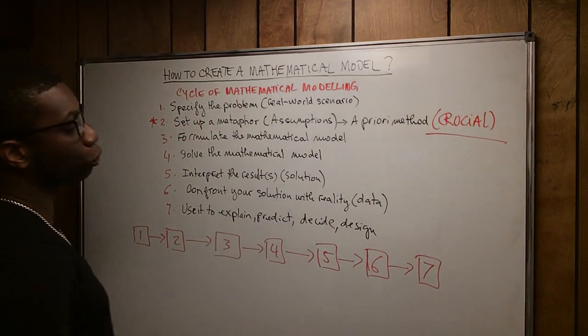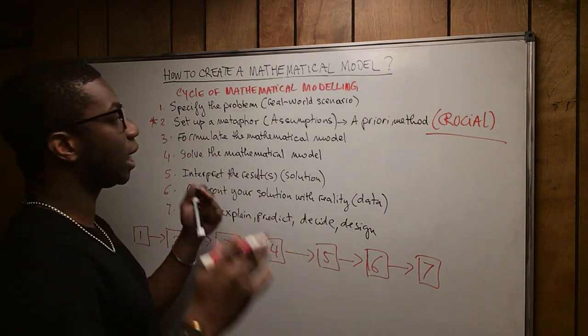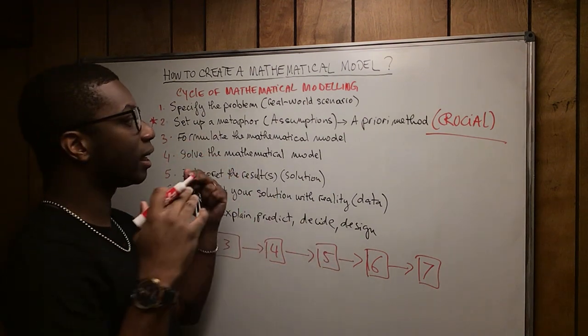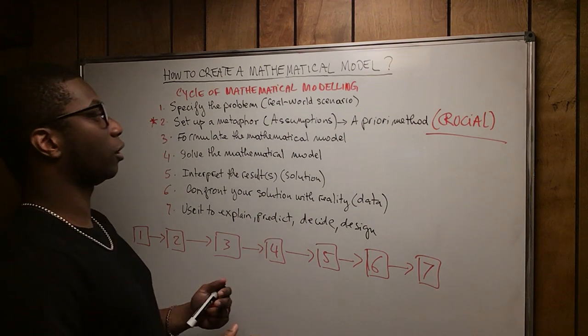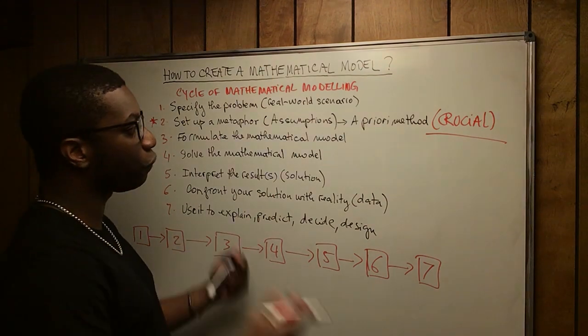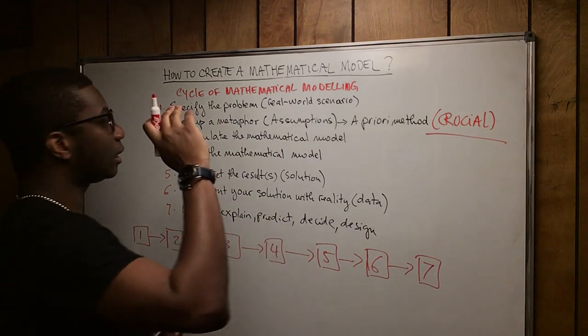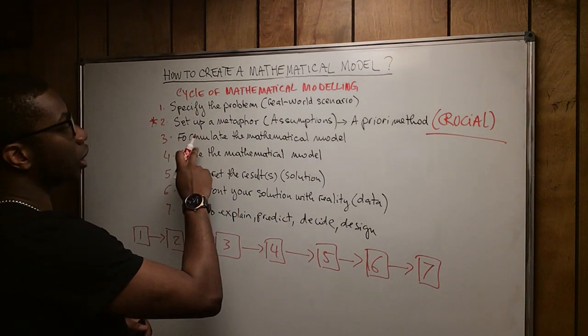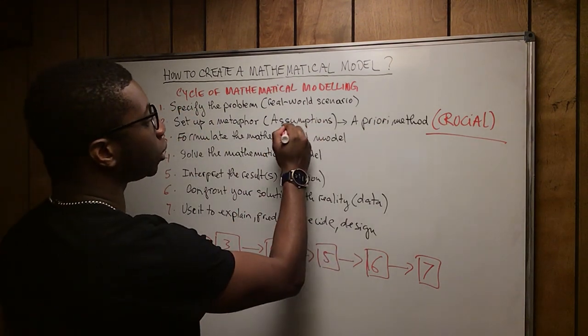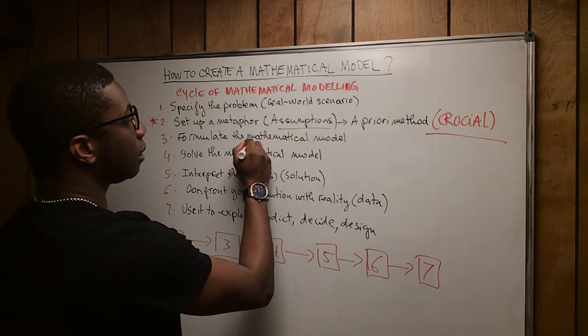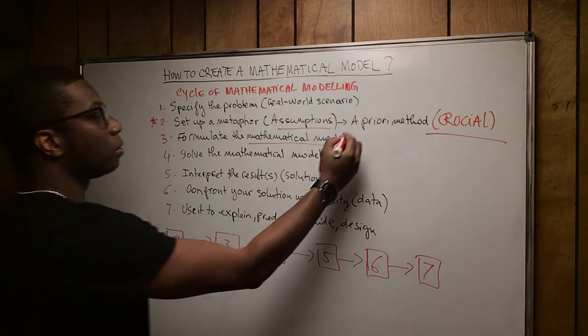So basically you create an a priori framework, a theoretical framework based on the a priori method. And then you move to the third part, which is to formulate whatever you describe here in a mathematical language.